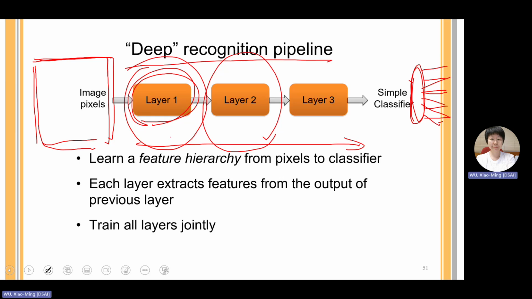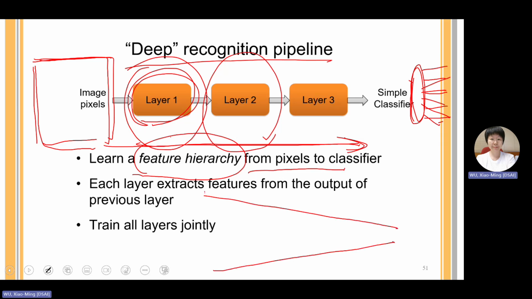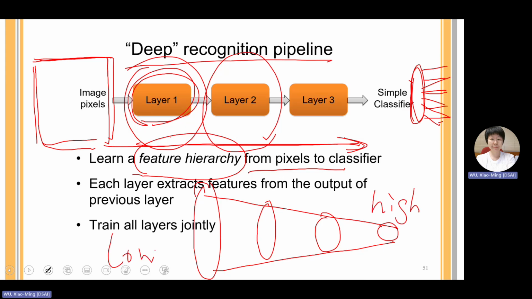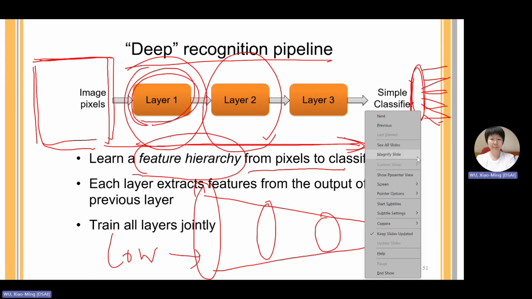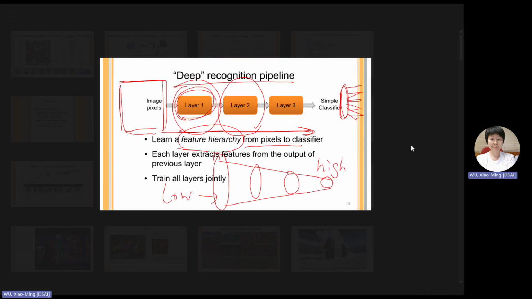During this process, we learn a feature hierarchy. What do we mean by feature hierarchy? These are low-level features, mid-level features and high-level features. We learn high-level concepts and low-level representations. That's the key difference between the shallow pipeline and the deep recognition pipeline.